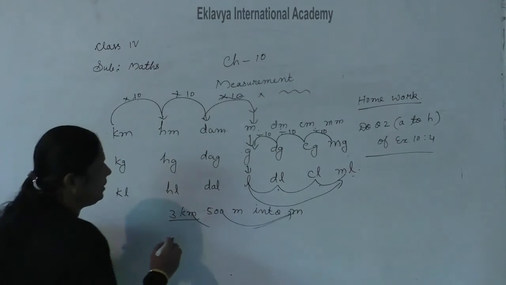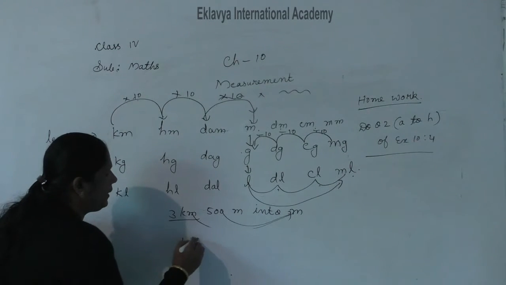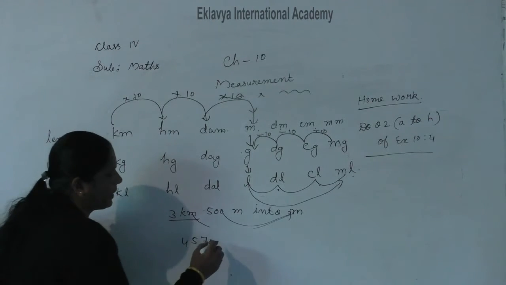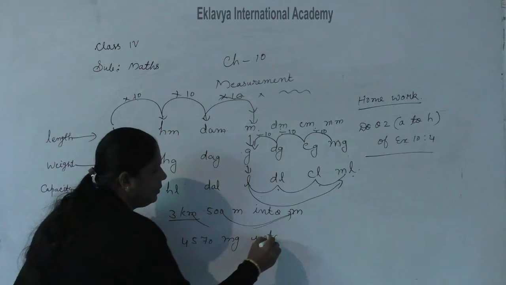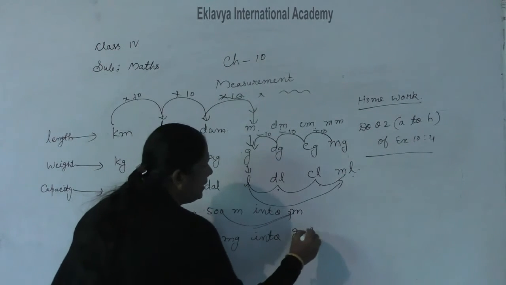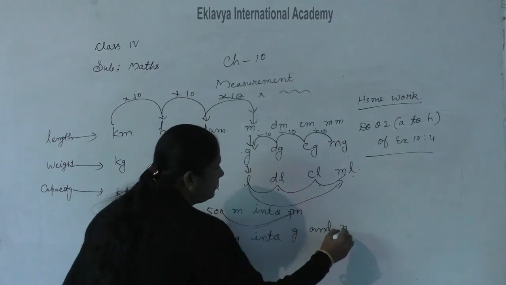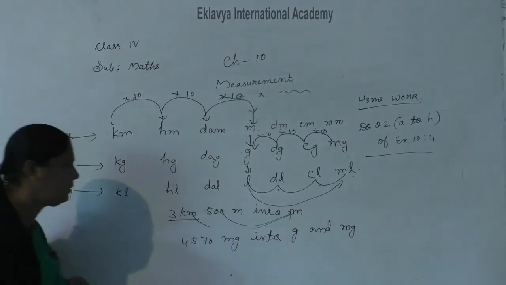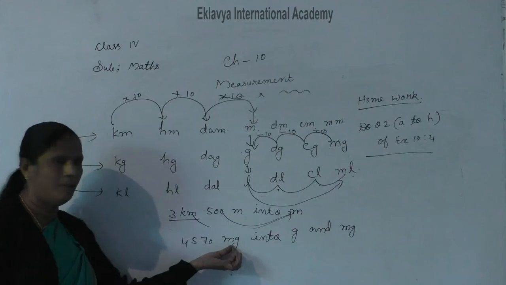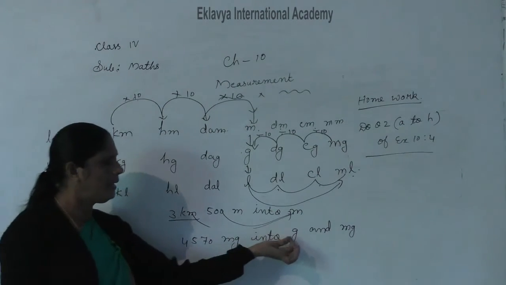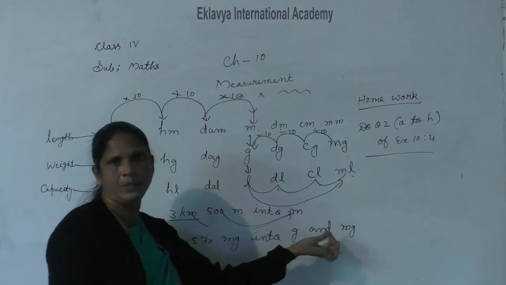Another example. 4570 mg into gram and mg. Question what? 4570 mg into gram and mg.